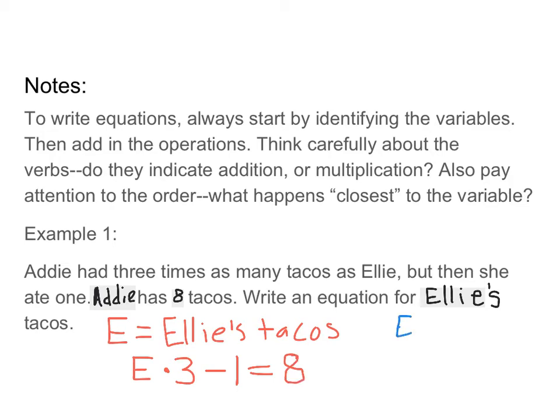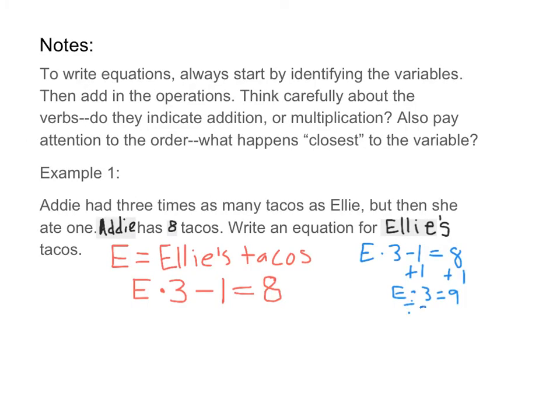If you were then to solve this equation, which it didn't ask you to do, but you could, using our old solving steps, you would find that E times 3 equals 9, and then you could divide by 3 to see that Ellie has 3 tacos, which should make sense back in the original problem.